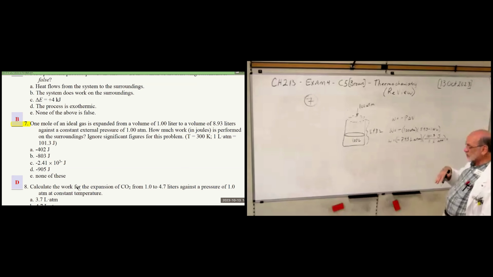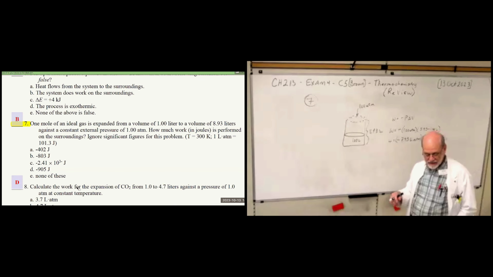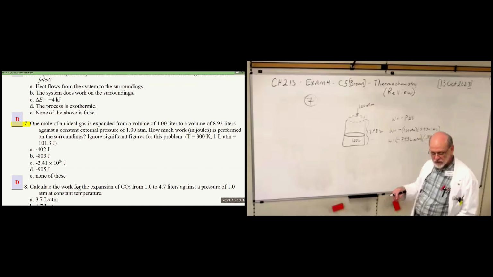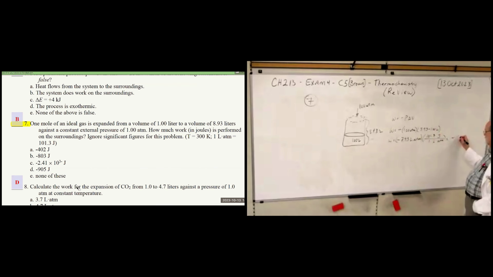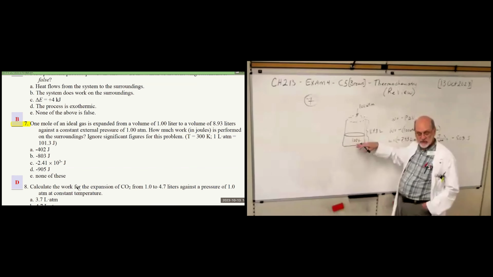So multiply those together. And in joules, that's negative 803 joules. So that's how much work was being done by the system on its surroundings.